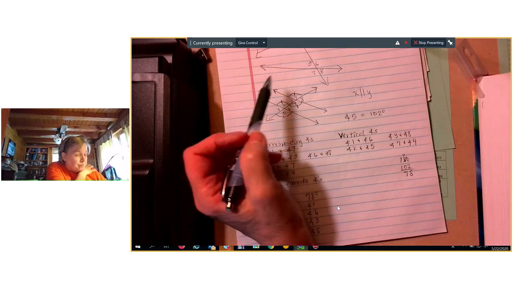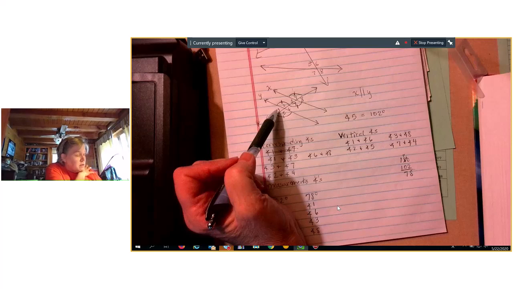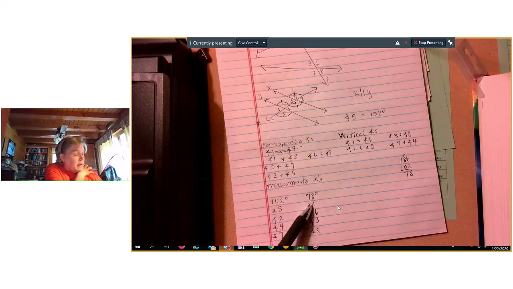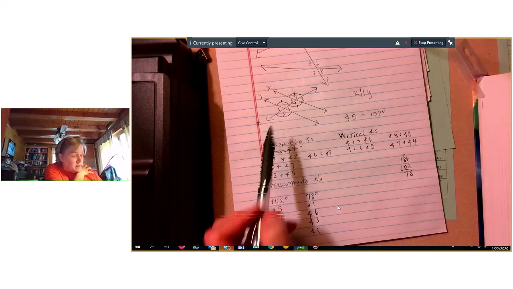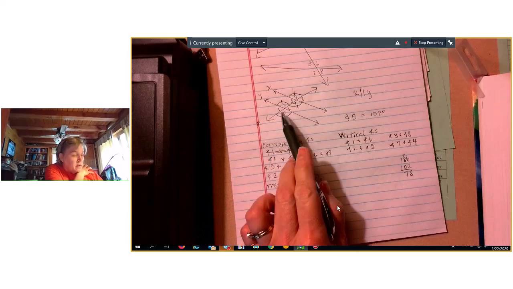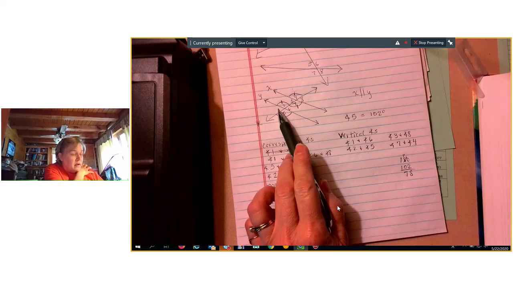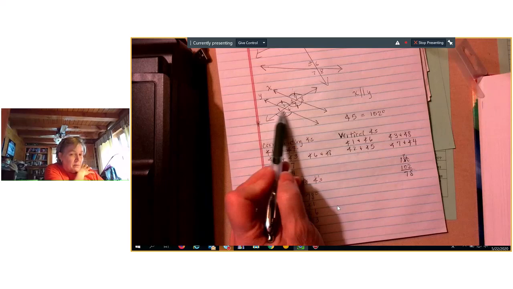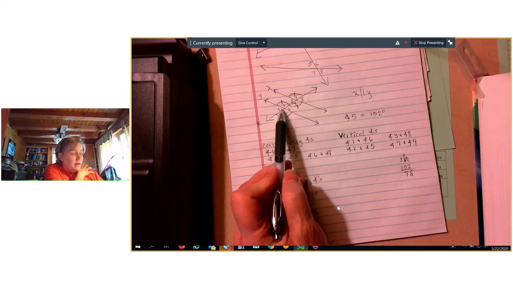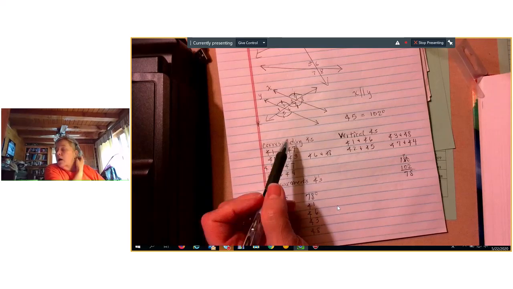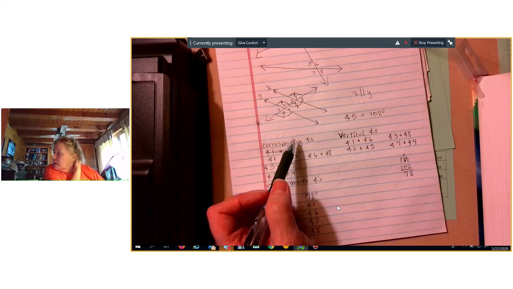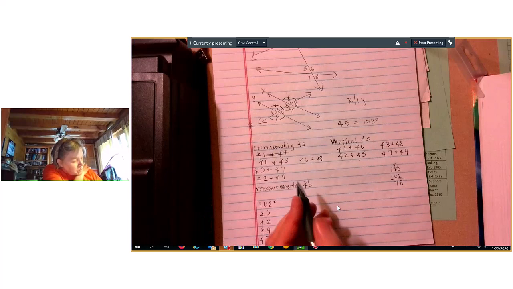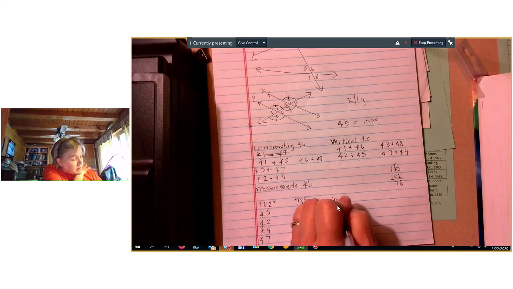Now, you notice that angle 1 and angle 8 have the same measurement, but they're not corresponding angles or vertical angles here. We call angle 1 and angle 8 corresponding exterior angles.